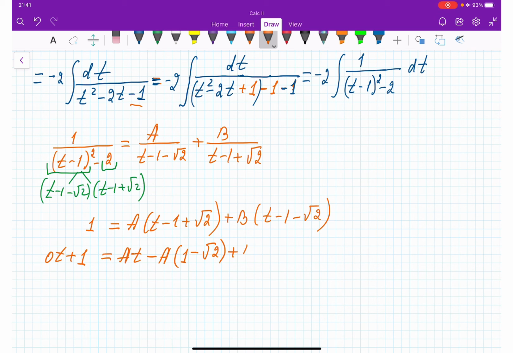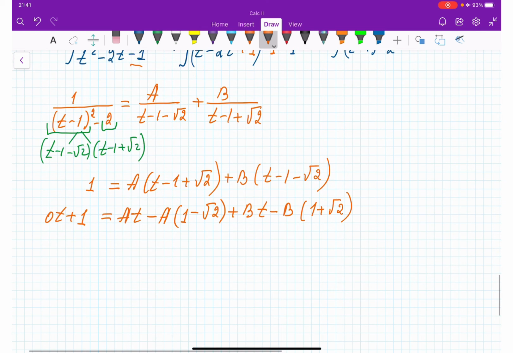Plus bt, and also minus b, because I have minus b, then signs in the parentheses are going to change. -1, negative square root 2 will become 1 plus square root of 2. Okay, so from here, I'm creating a system of equations.